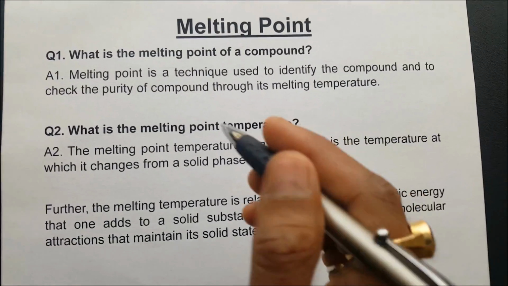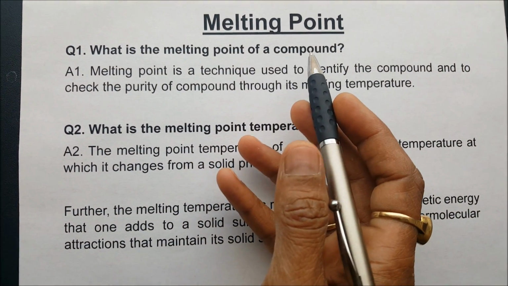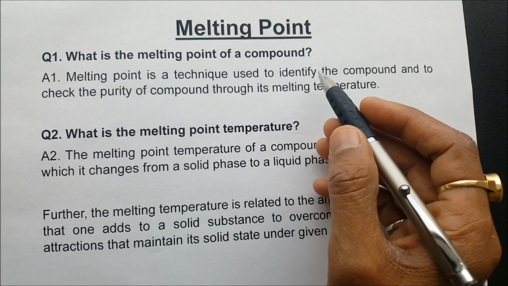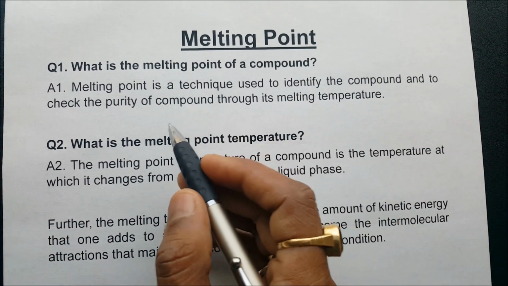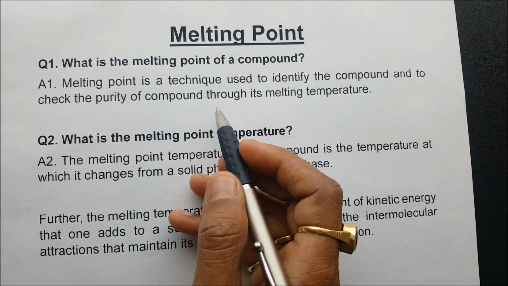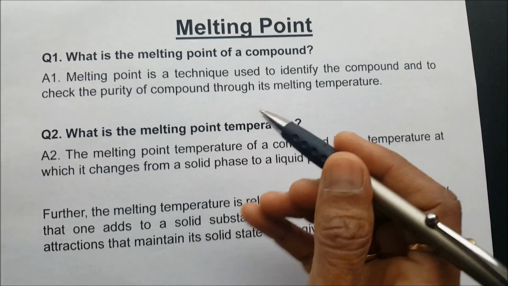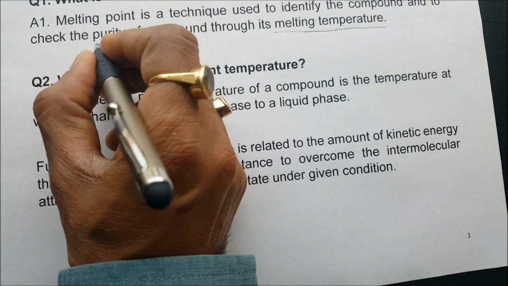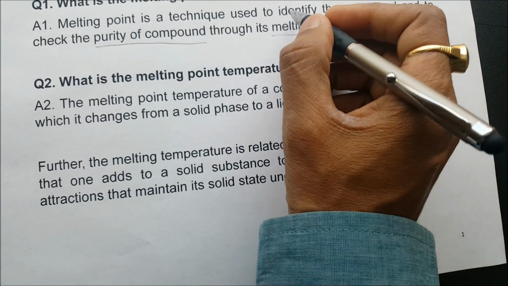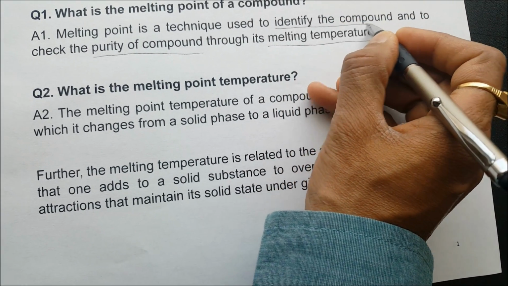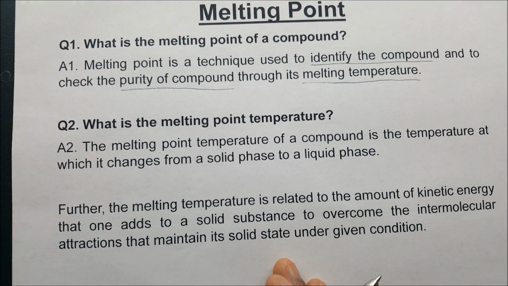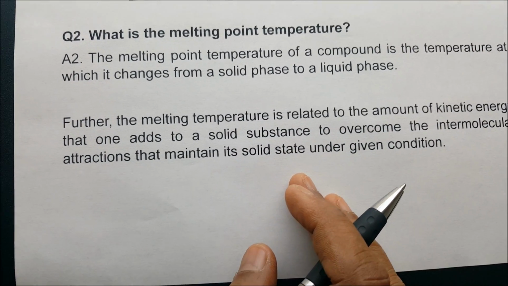So the melting point, what is the melting point of a compound? Melting point is a technique used to identify the compound and to check the purity of a compound through the melting temperature. So we use the melting temperature to find out the purity of a compound, and also to identify whether this compound is the one we want, the required one.